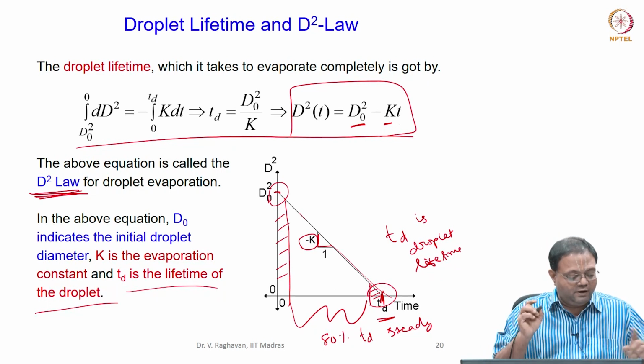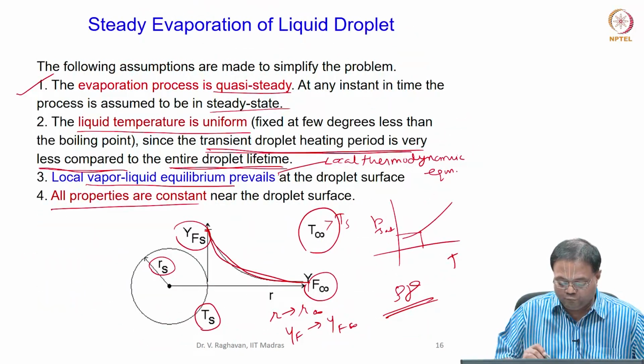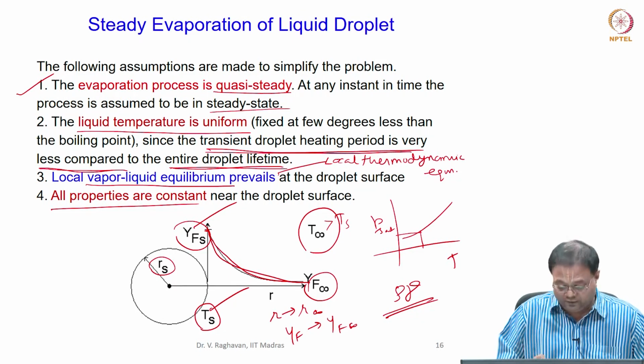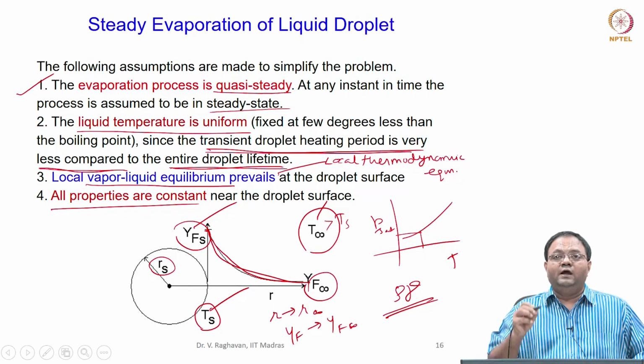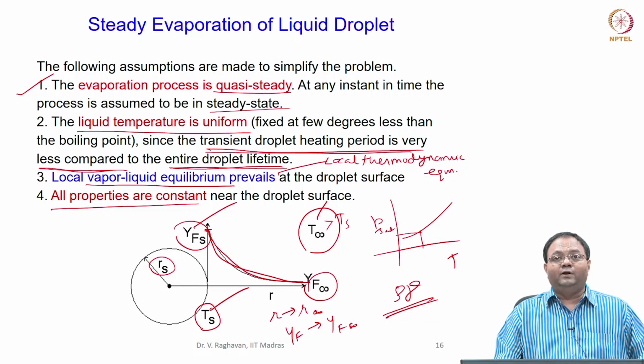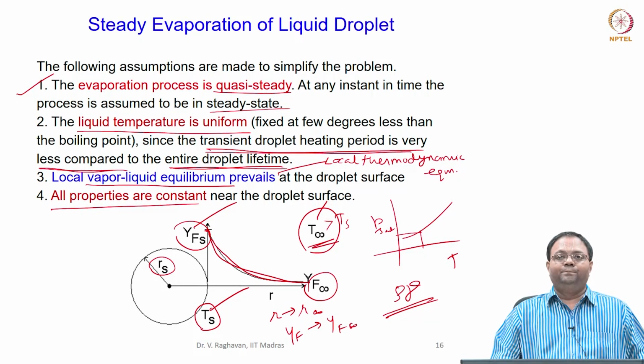Please understand that the important thing is that Ts should be constant, Yfs should be constant, and Ts depends on T infinity. Ts is close to the boiling point, but how close it is to the boiling point is determined by the value of T infinity.